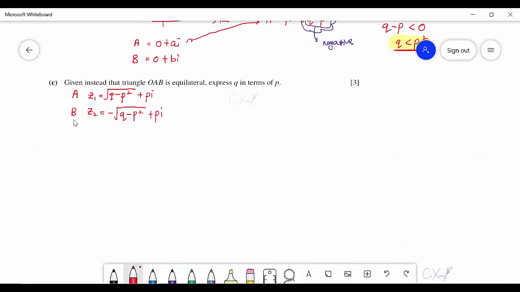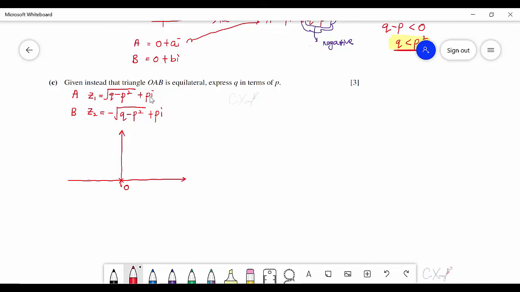maybe you can try to roughly show the Argand diagram. Very obviously, this is my origin 0, 0. Then have a look at this one: square root of q minus p square, if it is a positive value, should be a positive x plus pi.